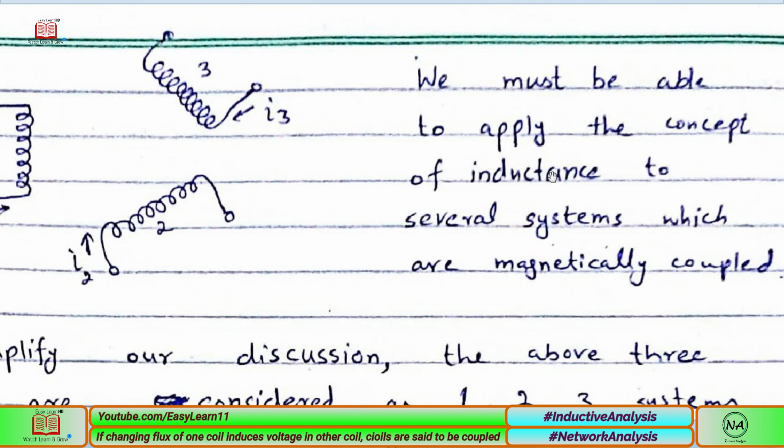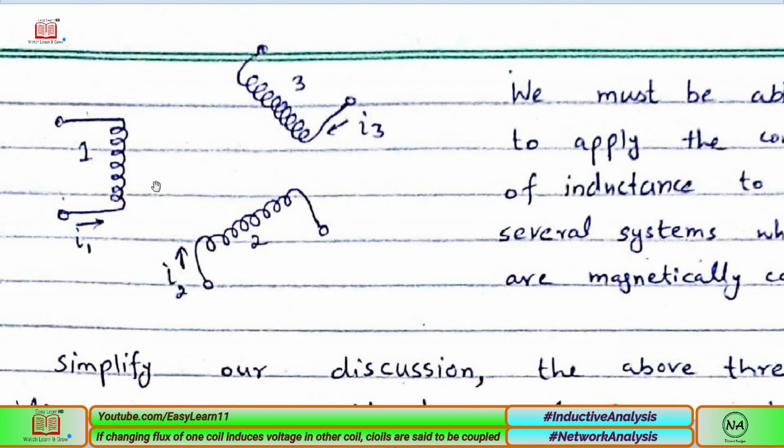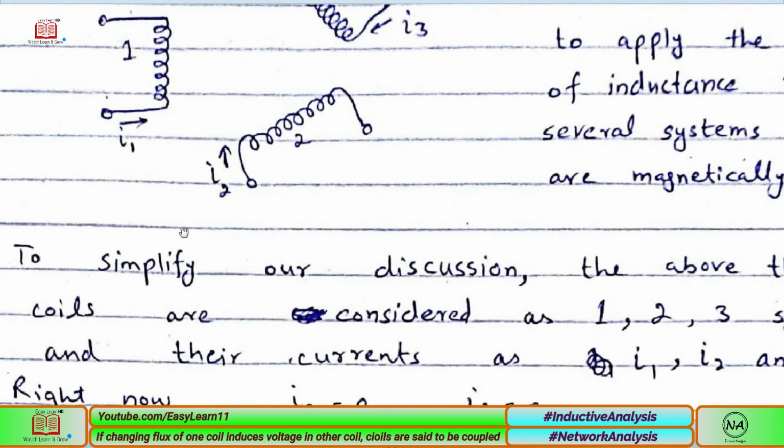We must be able to apply all those concepts that we discussed in the previous section, and revise them by applying them to this system, where the coils produce flux linkage and are magnetically coupled with each other. So let's apply them to this discussion.